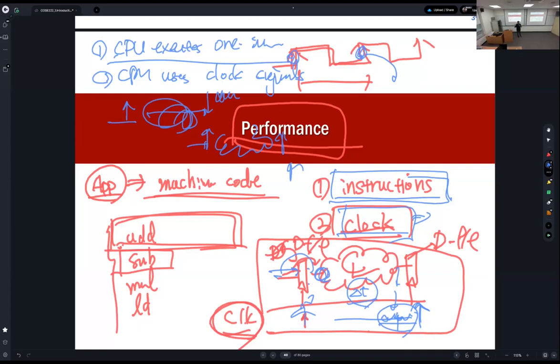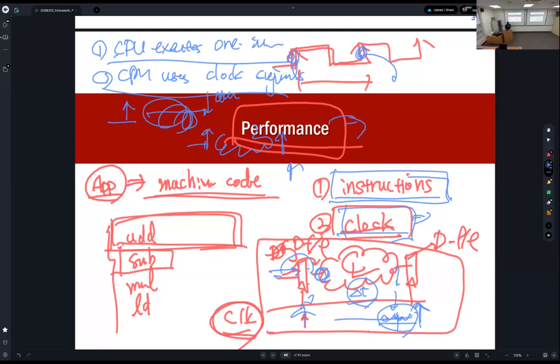But it's a very simplified view, so you can understand how the CPU executes instructions one by one. At the rising edge of each clock, the CPU can receive one instruction, and then this instruction is executed.